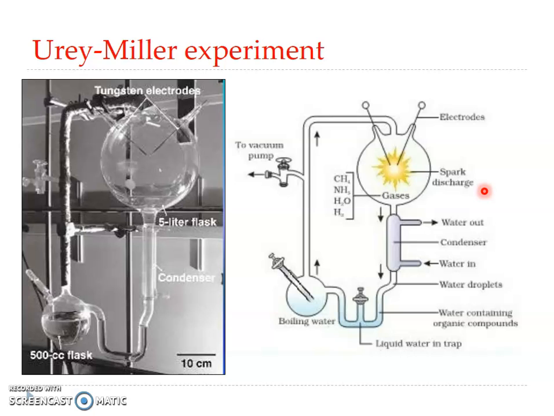The apparatus was first evacuated with the help of the vacuum pump, and then hydrogen, methane, and ammonia were taken in the flask, and the desired pressure was maintained. Water was introduced into the flask connecting the U-tube, and the water in the flask was then boiled to promote the circulation of water vapor, to supply the necessary water vapor for the oxygenation of compounds in the chamber.